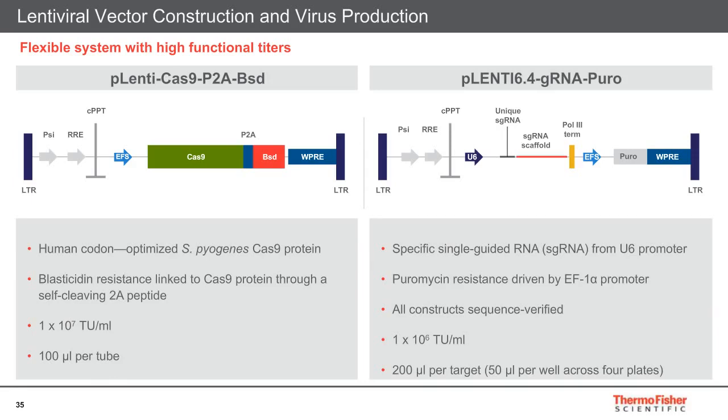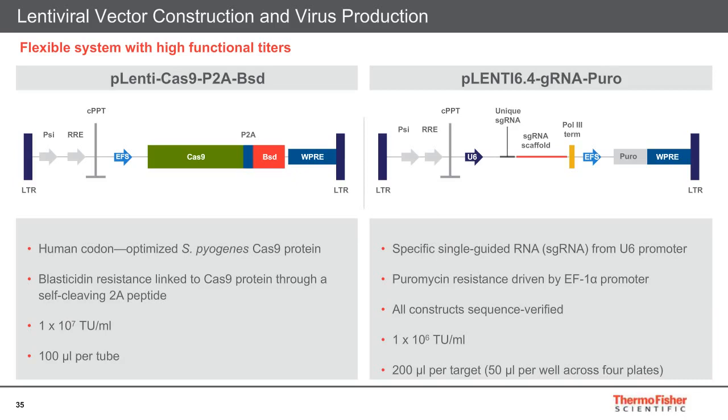In the lenti guide RNA, the guide RNA is driven by the U6 promoter, and it also carries a selection marker, puromycin, that is driven by the EF1 alpha promoter.